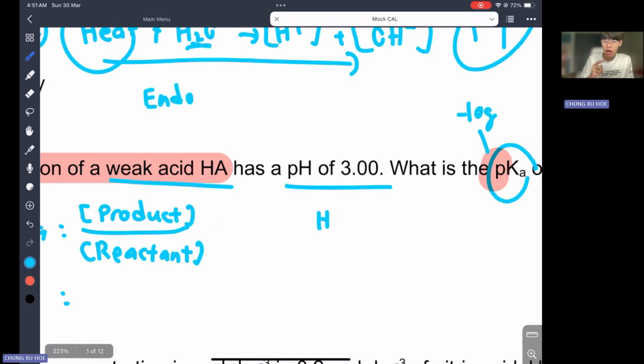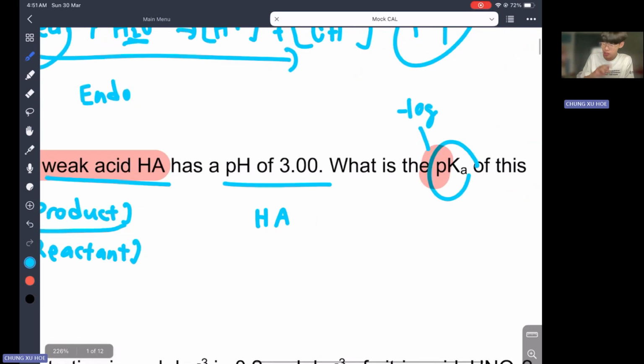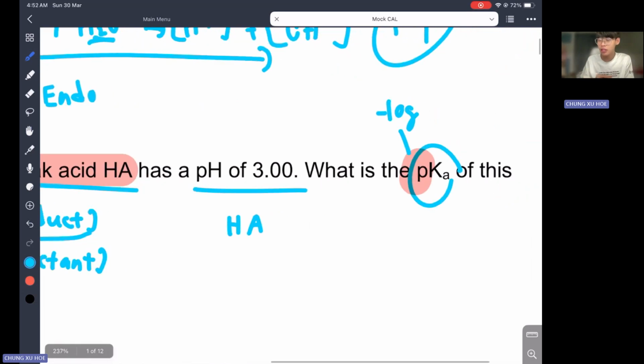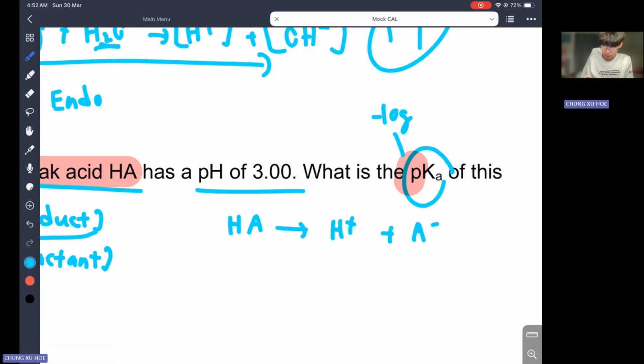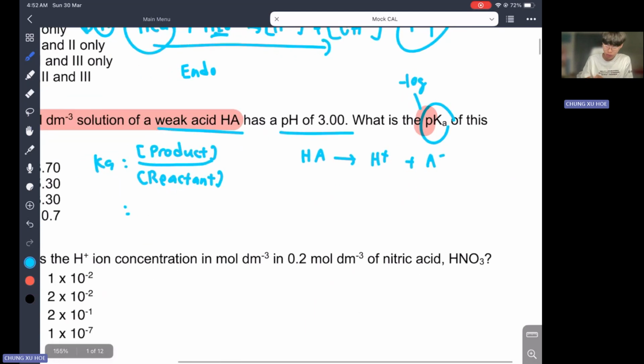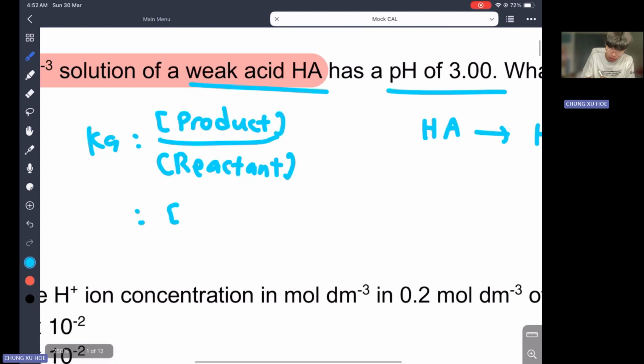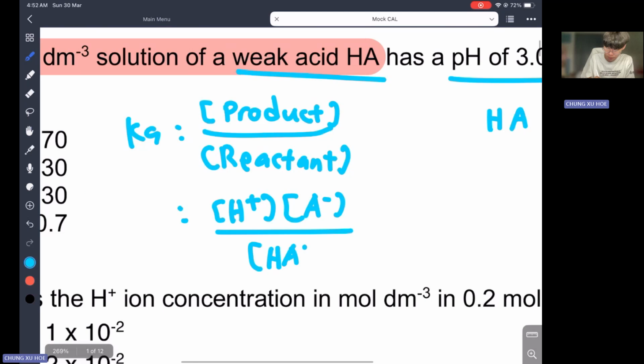A weak acid partially ionizes in water, sparingly ionizes, so it's not complete. So definitely got calculation for you. H plus, A minus. Our products are definitely the concentration of H plus and the concentration of A minus, and our reactant is going to be HA.